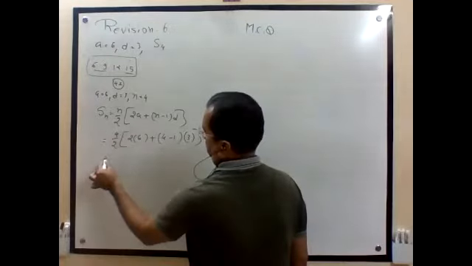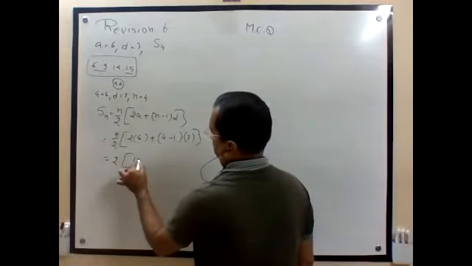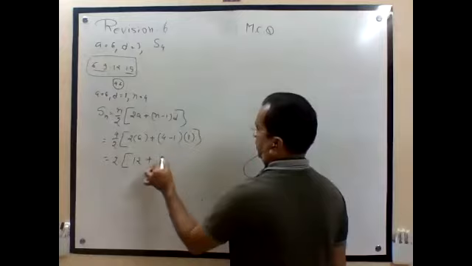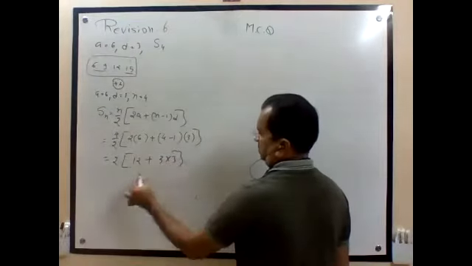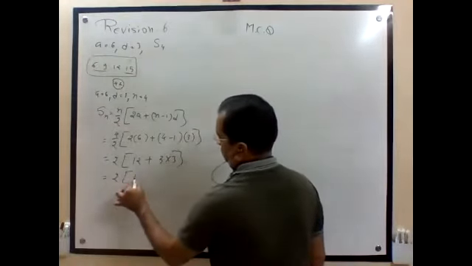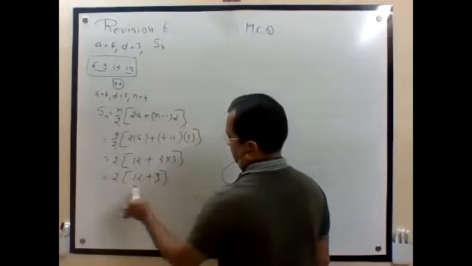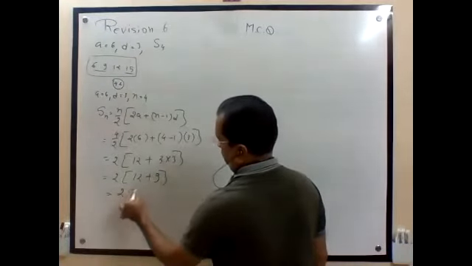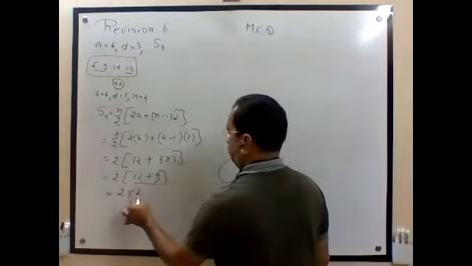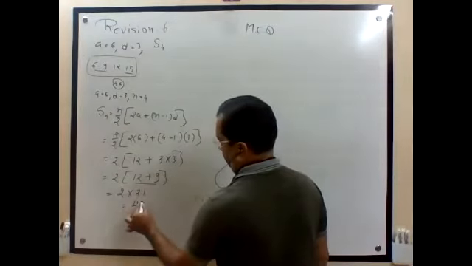This is cancelled. 6 to the 12, 3 into 3, 2, 12, 9, 2, 21, 21 to the 42.